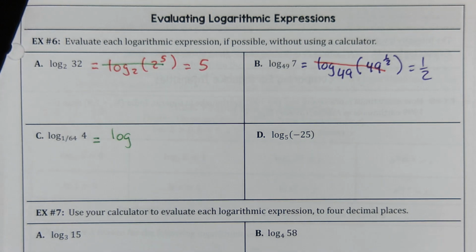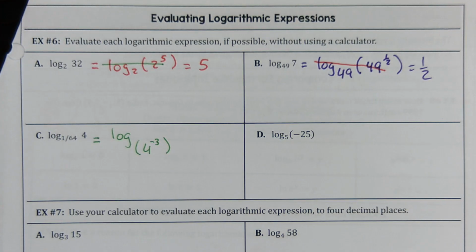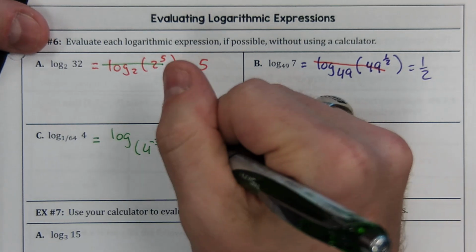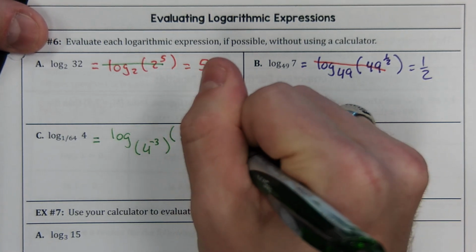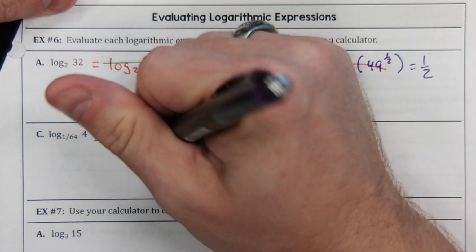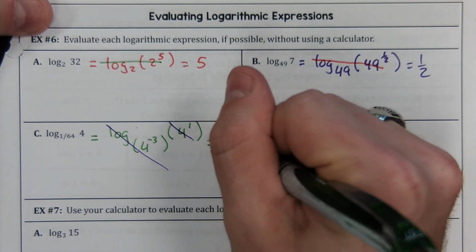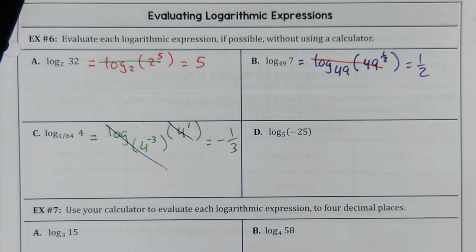So 1 over 64 is 4 to the negative 3. The argument, 4, is 4 to the 1st power. This is how the trick works. Log base 4 cancels exponential base 4, leaving you with a fraction, negative 1/3.